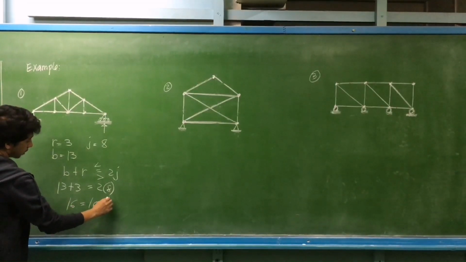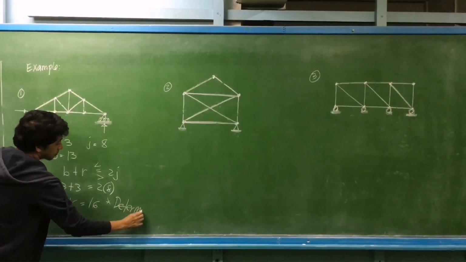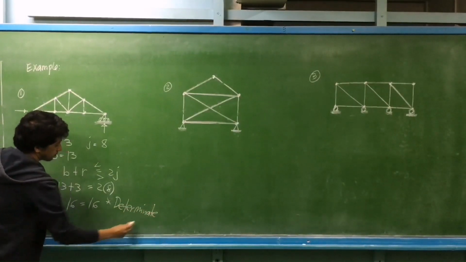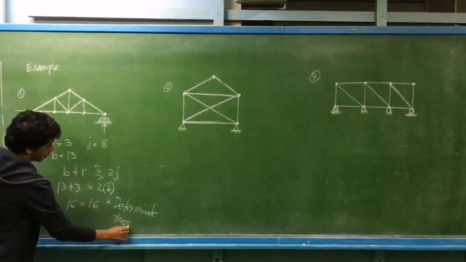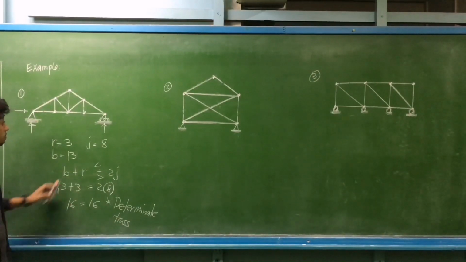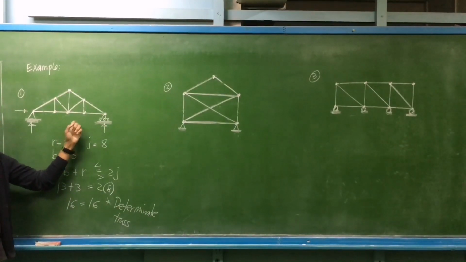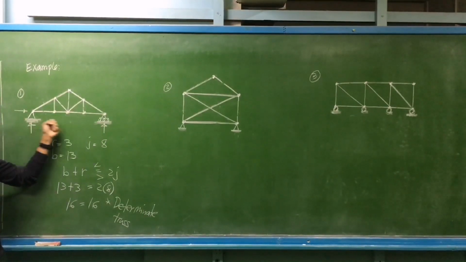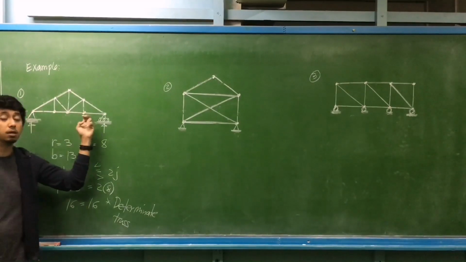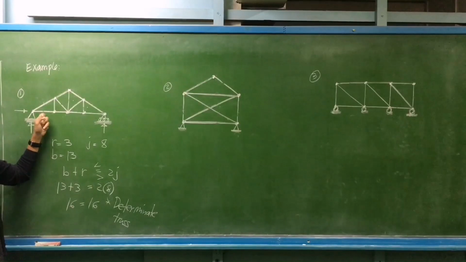This is considered to be a determinate truss, determinate and at the same time stable, since it can resist vertical and horizontal forces. As you can see, every panel is in the shape of a triangle.